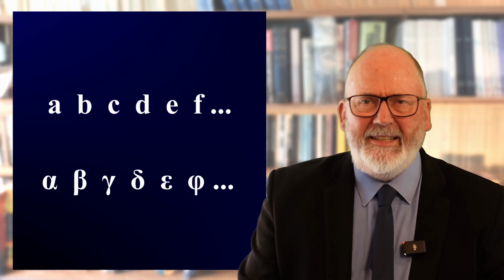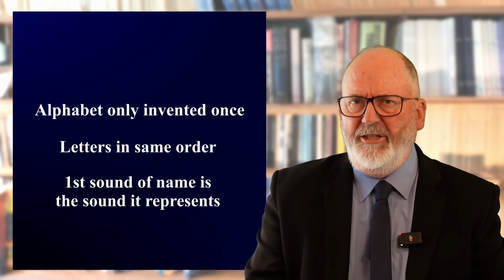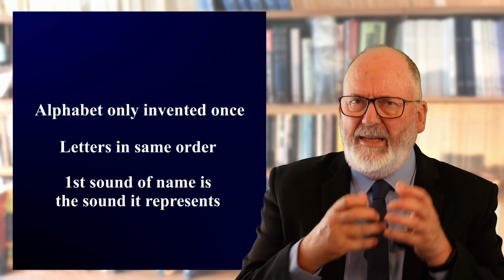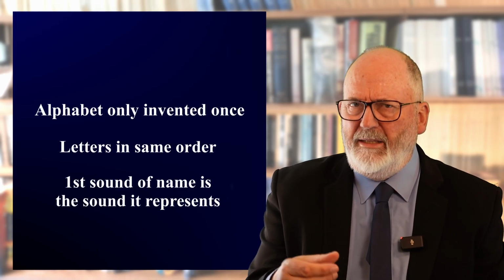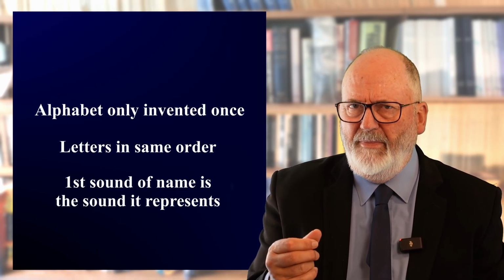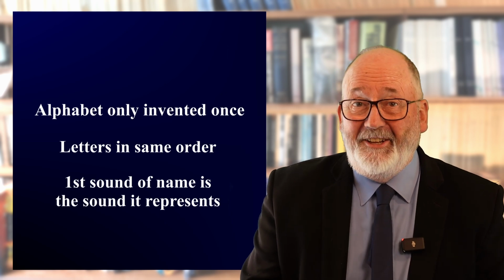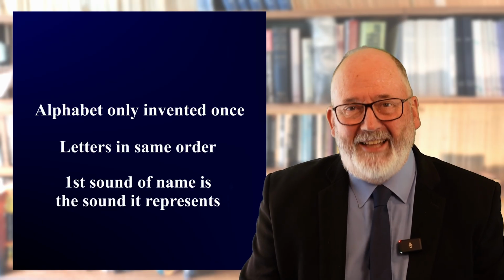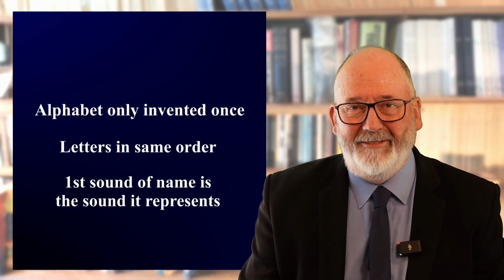Another similarity is that just as in English, the name of a Greek letter begins with a sound that letter represents. Consequently, learning the names of the Greek letters is an important start to understanding the Greek alphabet.